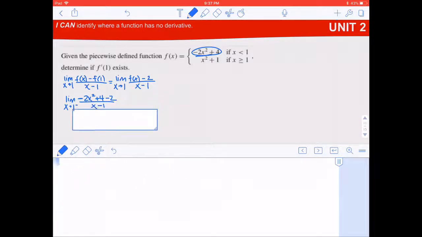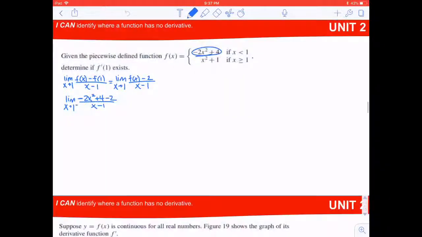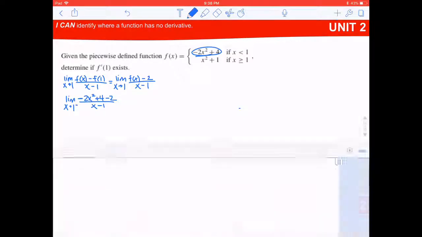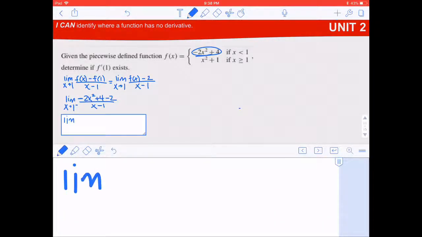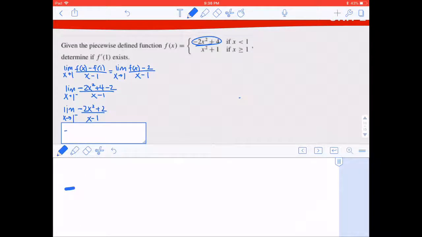So this is going to become the limit as x goes to 1 from the left of negative 2x squared plus 2 all over x minus 1. We can't do direct substitution just yet, so I'm going to try to simplify or factor this.